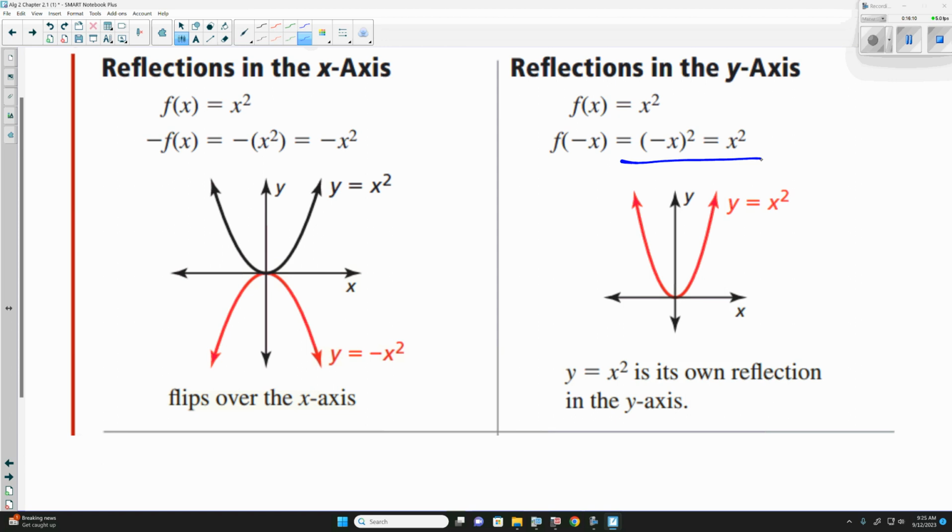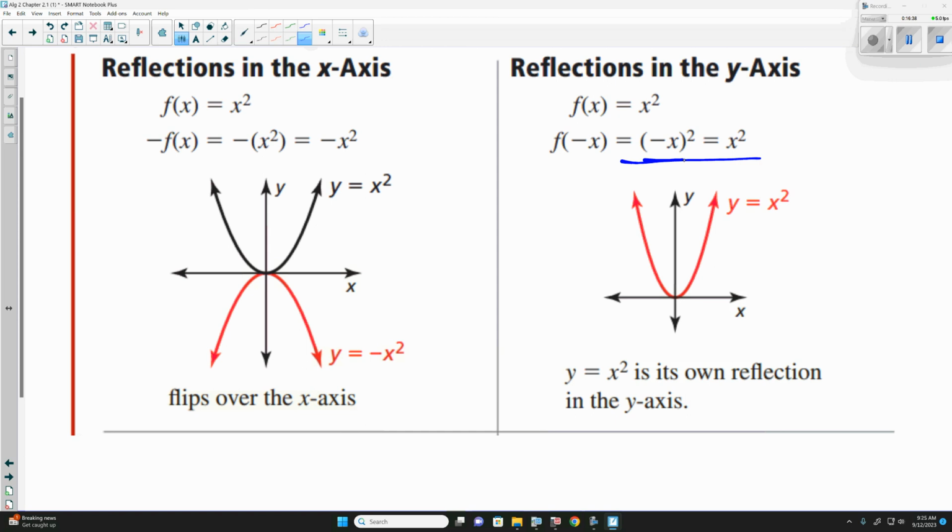Negative x squared is equal to just x squared, purely because whenever we square a number, multiplying it by itself, it becomes positive. Negative x times negative x, a negative times a negative is a positive, so we just get x squared. It's reflected onto itself.